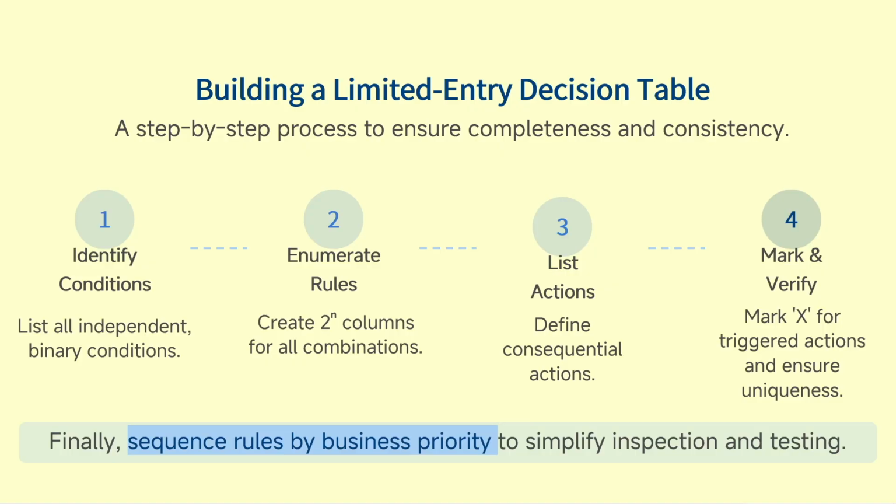After understanding how to build a decision table, we will exactly find the process. Okay. So this is a step by step process to ensure completeness and consistency. The first step here is to identify the conditions. We have to list all the independent binary conditions.